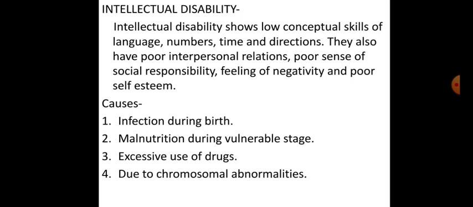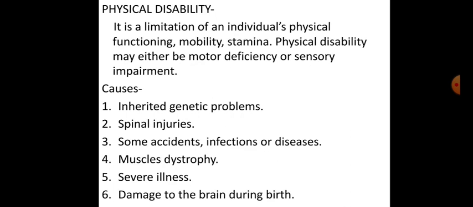And lastly, the third disability, that is physical disability. Understand? In physical disability, the definition is given. Let us explain it. Physical disability is one that affects a person's mobility, physical capacity or stamina.